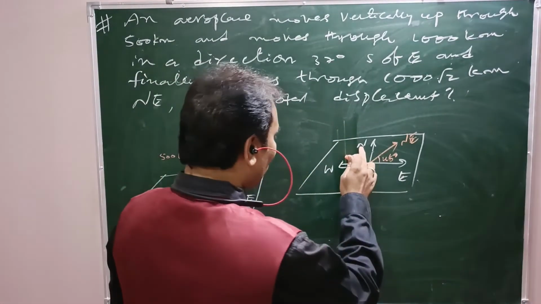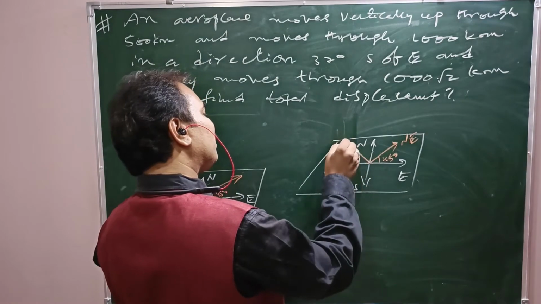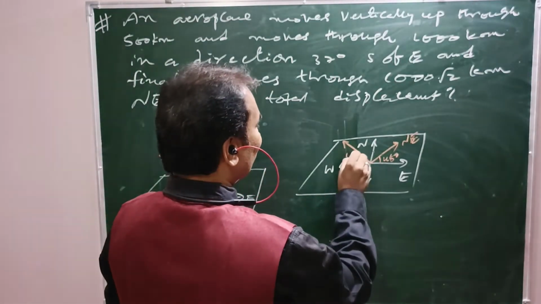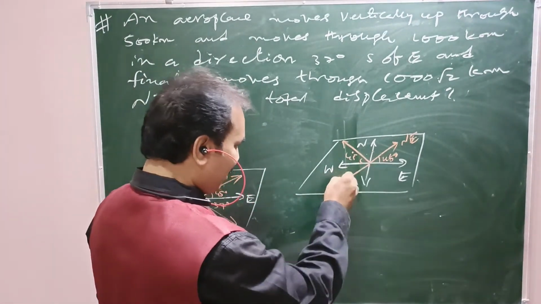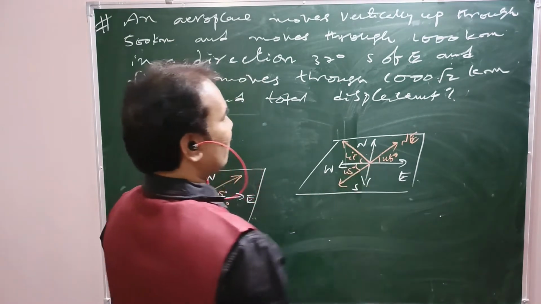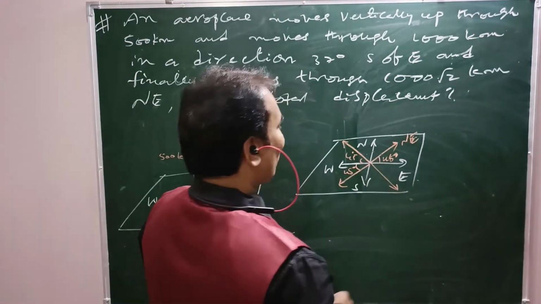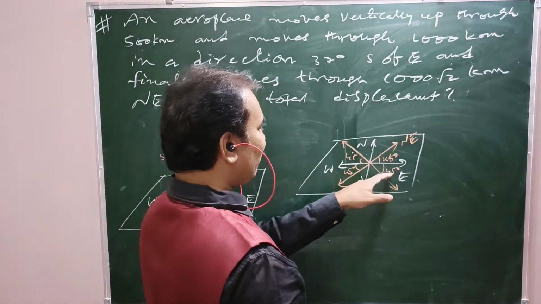What about northwest? Northwest means bisecting the second quadrant, 45, 45. Now what is southwest? Once again bisecting, 45, here also 45. What about southeast? In the fourth quadrant, bisecting into 45, 45.